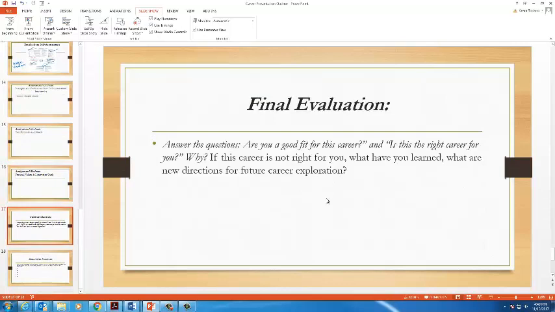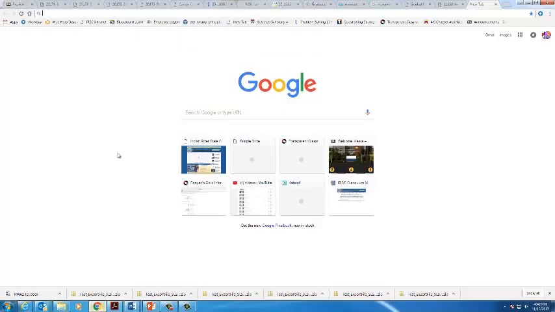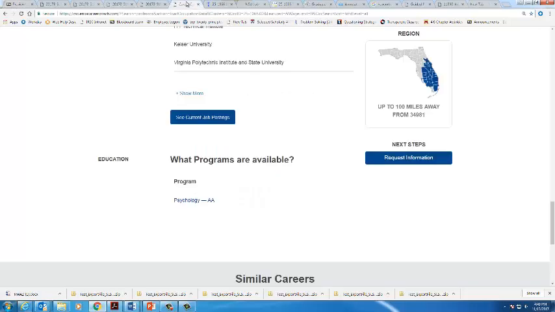And your final evaluation, are you a good fit? Yes. Tell me why. If you haven't told me that already, and if not, what have you learned and what direction are you going to go in next? Your last slide should be an annotation, but remember, we should have some of these sources here. So we'll have Career Coach.